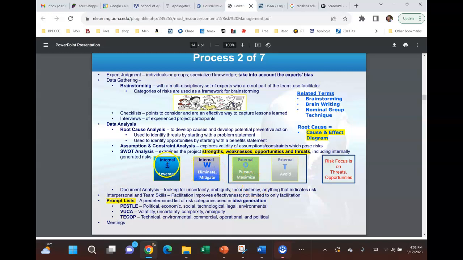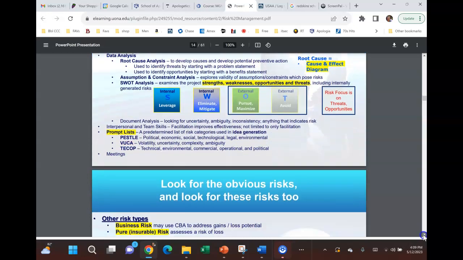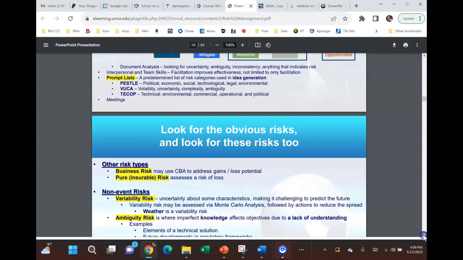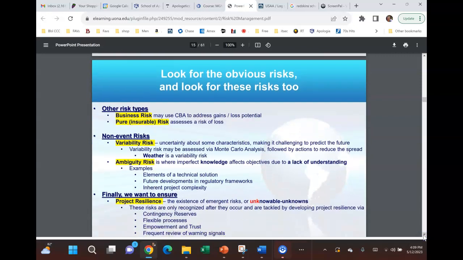Notice SWOT stands for strengths, weaknesses, opportunities, and threats. Notice the last two of SWOT, the OT, is opportunities and threats. That's exactly what project management sees risk as, an opportunity or a threat. So that is always an exercise that is useful for identifying risks, right?